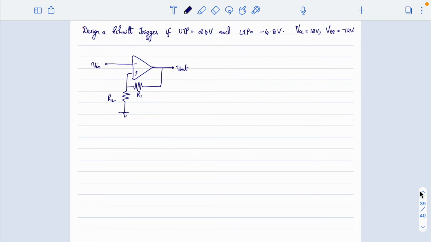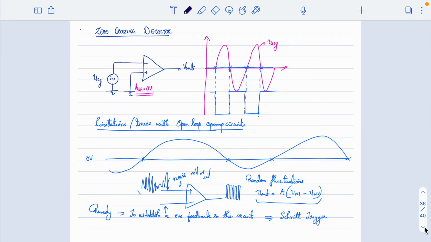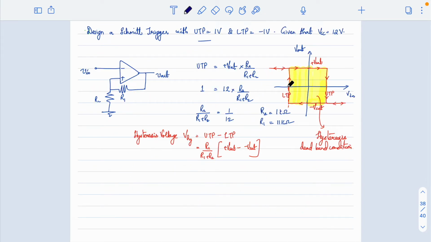Look at this. Here your input voltage is greater, and then your output is minus Vsat. The moment your input becomes smaller than LTP, output becomes plus Vsat. This is how you have to look at this hysteresis curve.